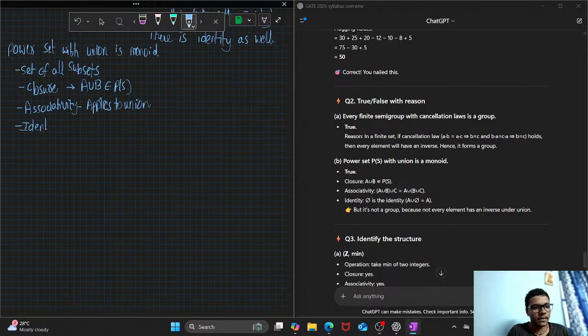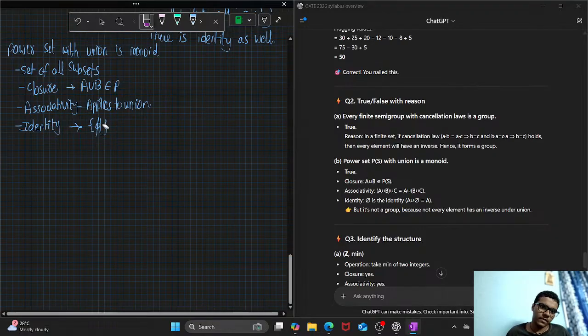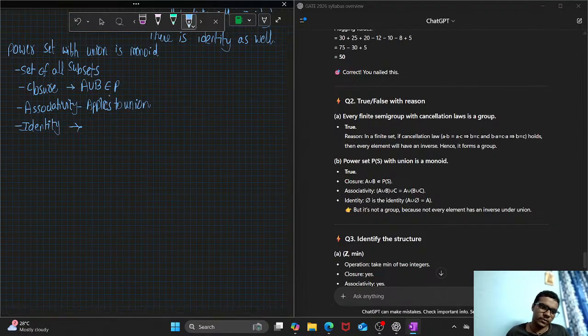So identity, the null set is identity. I shouldn't put the brackets over here. It is the identity element.